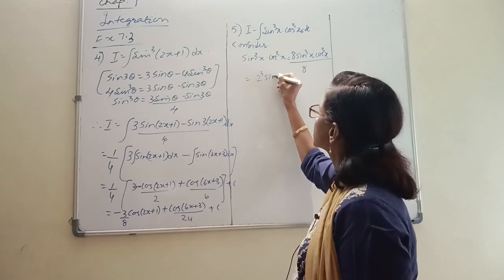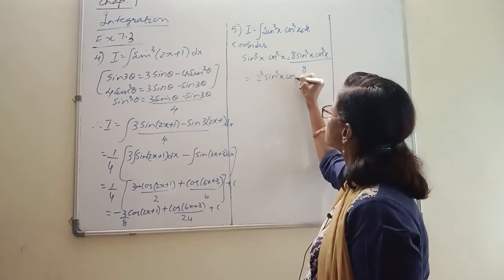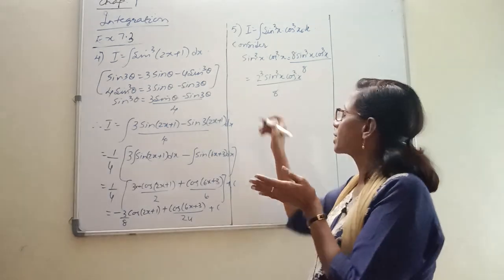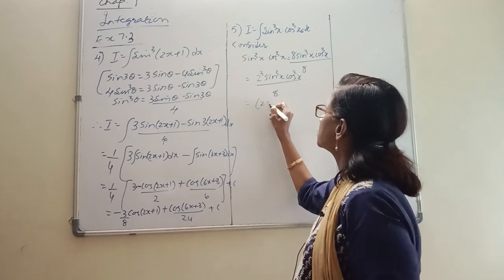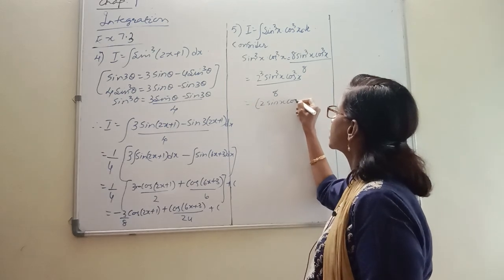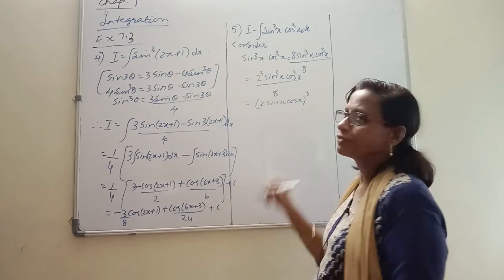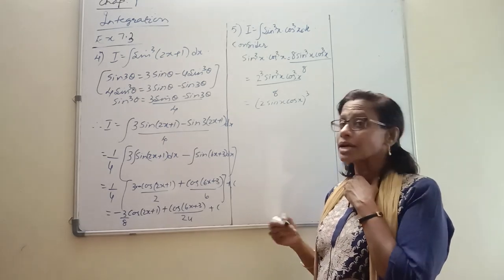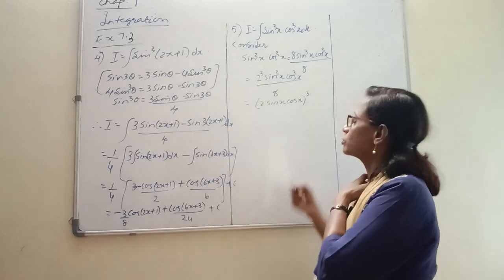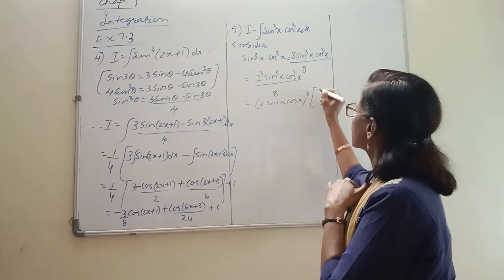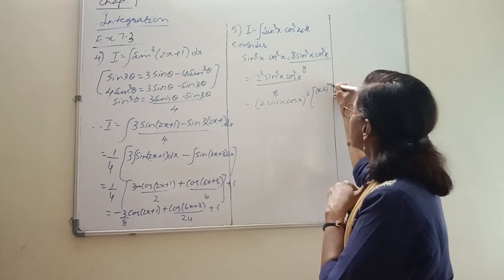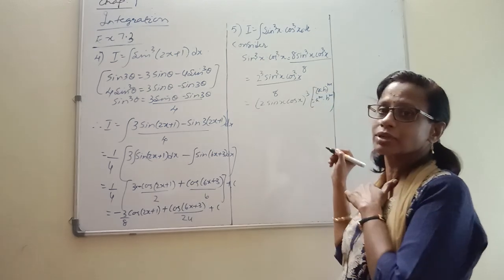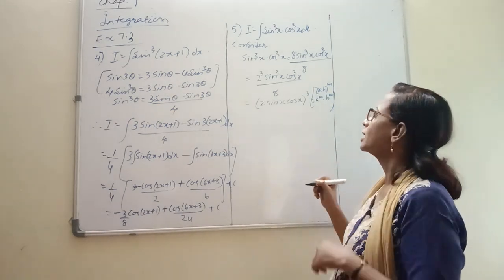So 2 cube sine cube x cos cube x, so that we can club these cubes together, and this becomes (2 sin x cos x) whole cube, over 8. We have learned the property (ab) raised to m is a raised to m times b raised to m. Because of that property we can club it like this.